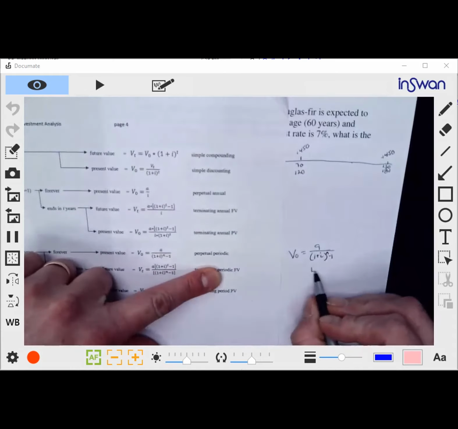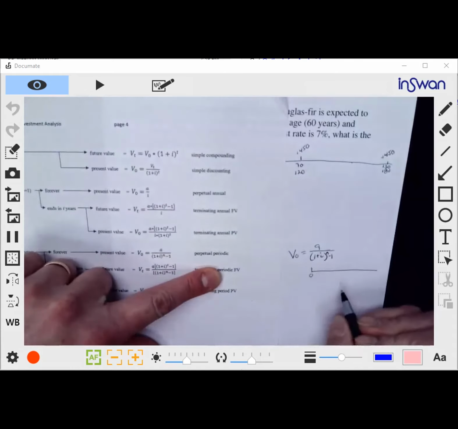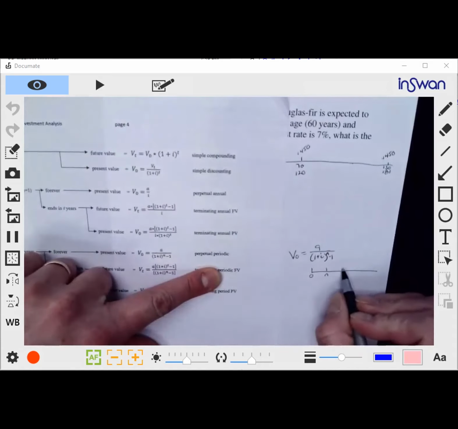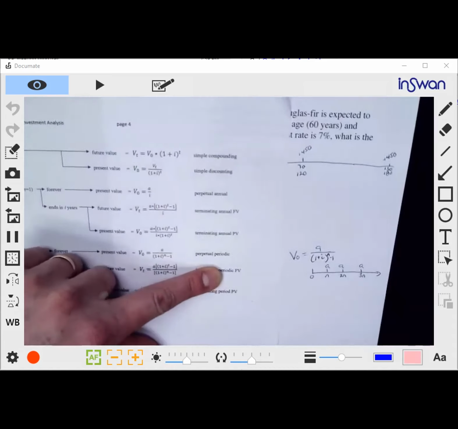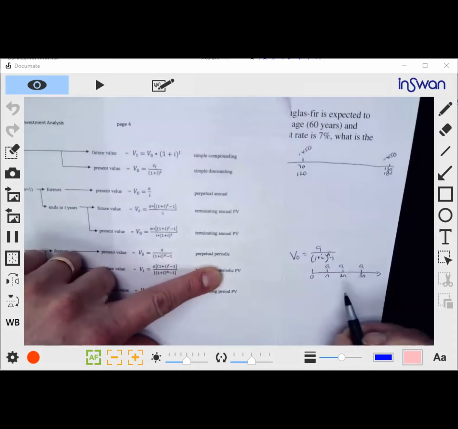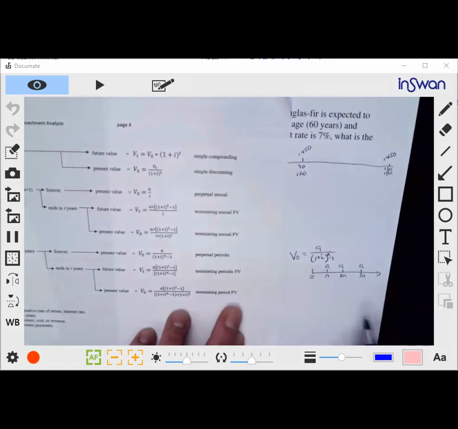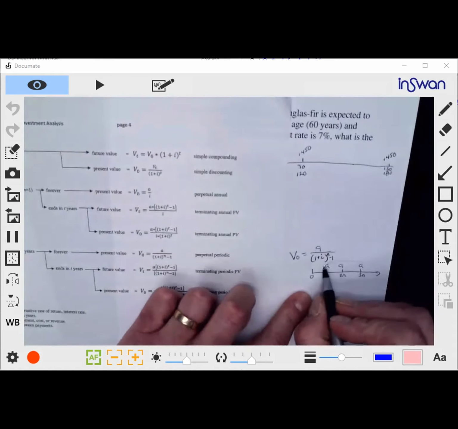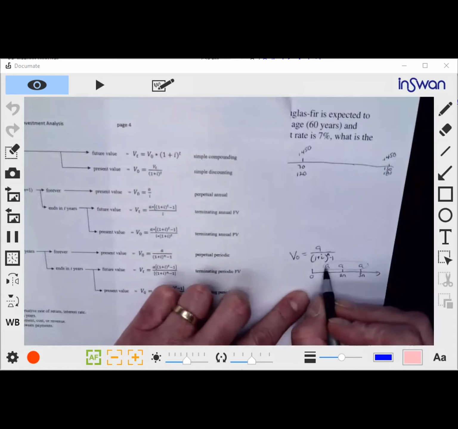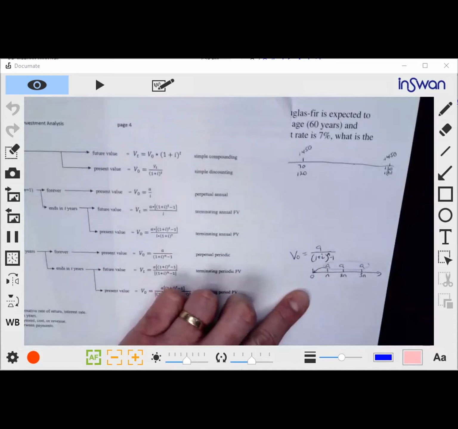What does that look like in a timeline? At year 0, there's year n out, 2n out, 3n out, and on and on. We're going to get these A's. So what it means is when we solve that present value, we take all of these A's in the future and they come back to the beginning of the first in the series.